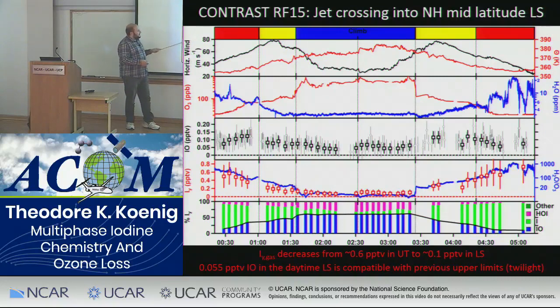We don't see that. What we see is that the IY, or the total inorganic iodine, follows this trend. And just to guide your eye, I show the water to ozone ratio on a log scale behind this. And this actually seems to line up remarkably well. So we took this as the first indication that there's some sort of kinetic process going on that's following the water ozone ratio.